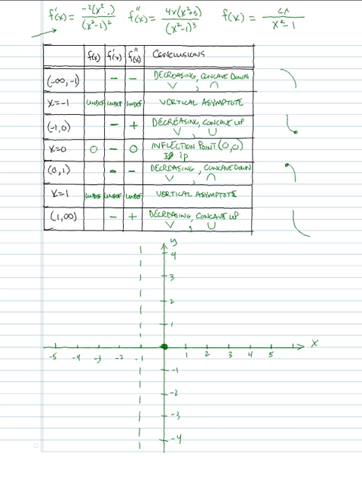We also had a vertical asymptote at x equals +1, so let's draw that in here. And then we also had a horizontal asymptote at y equals 0, which really is the x-axis, isn't it? So I'm going to just draw right above the x-axis to keep that in mind.